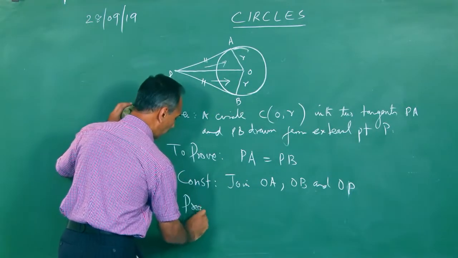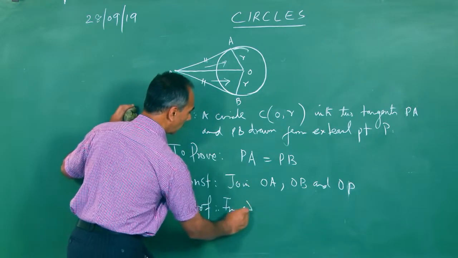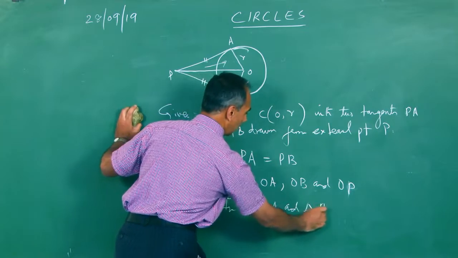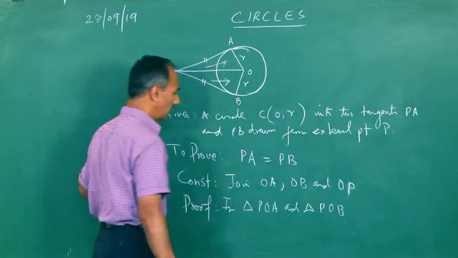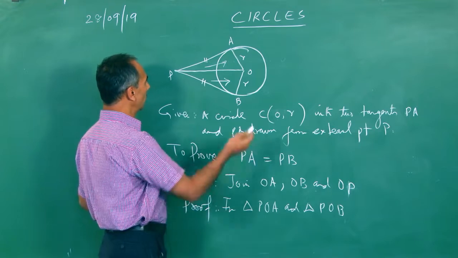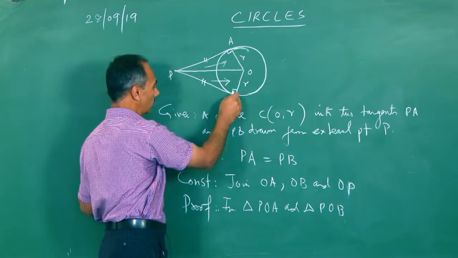So the proof would be: in triangle POA and triangle POB. I have to show PA equal to PB. Do observe this angle is 90, this is also 90.